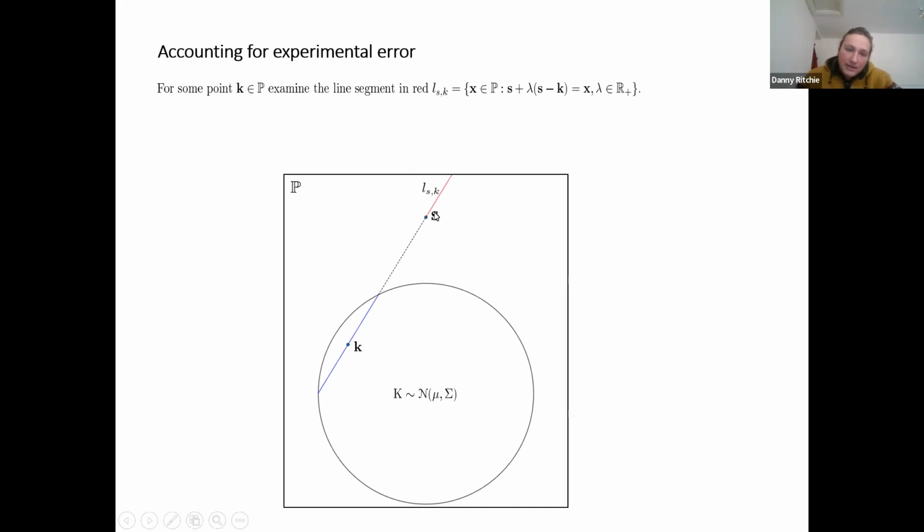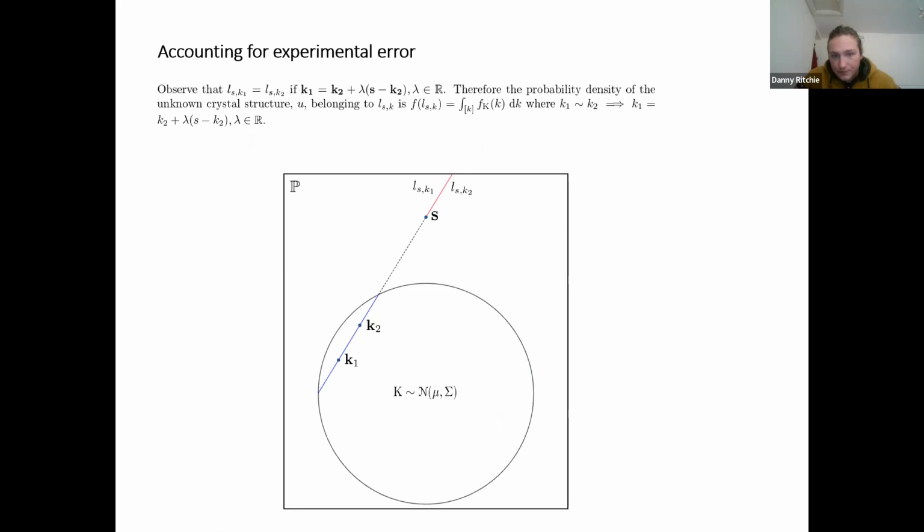Let's assume that this point here, K, is the average composition of known crystals. This would mean that the new unknown phase would lie somewhere in this line segment, LSK.